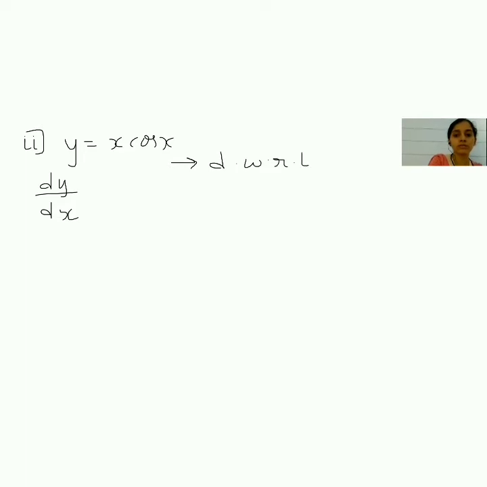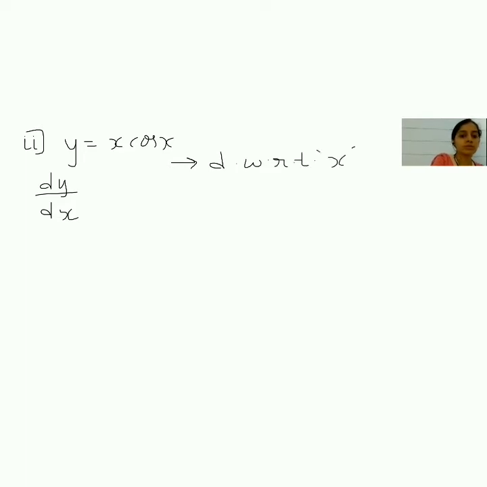I'll just do one more sum of this type so that the steps are known. So we have a second question that says y is equal to x cos x. Again, we'll do normal differentiation, differentiating with respect to x.